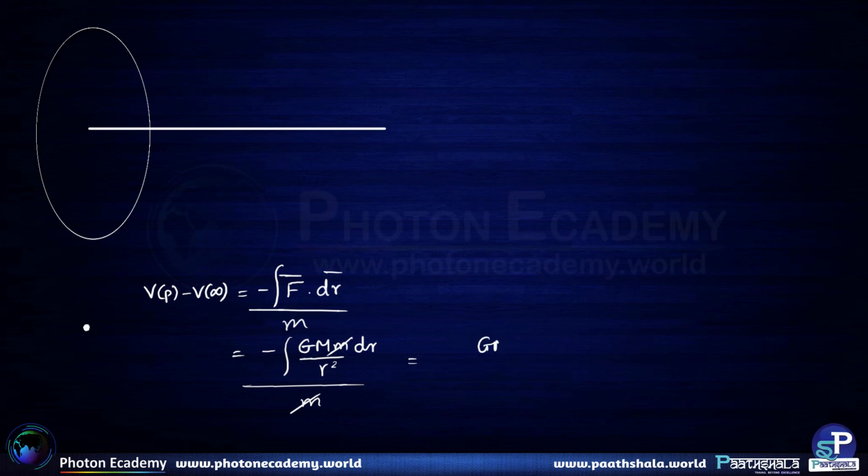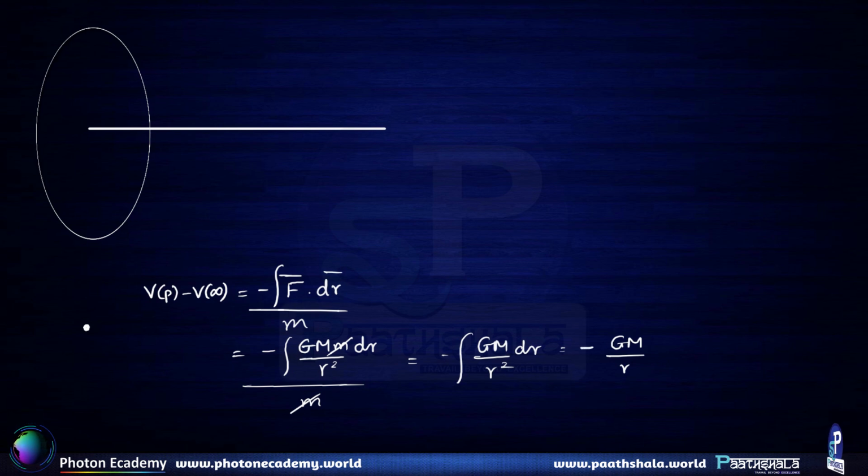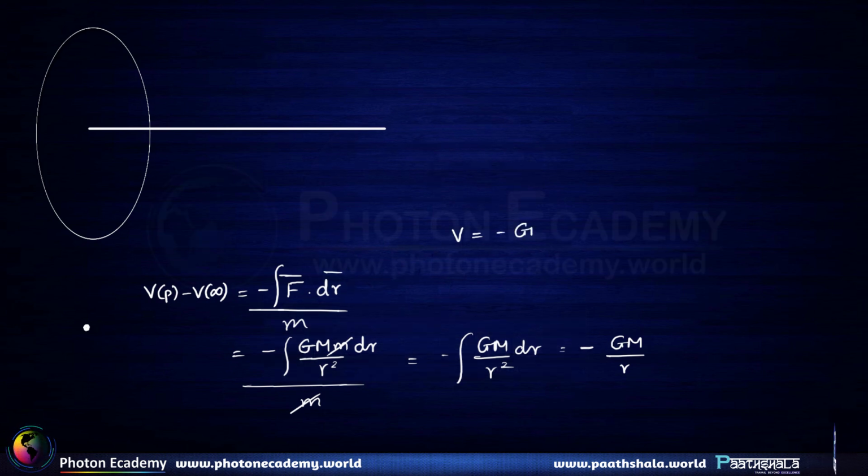So Gm upon r square integrated dr gives you Gm upon r with a negative sign as the potential of the point P. Alright, so basically the expression for potential of a single point mass is minus Gm upon r. This is something to be noted.